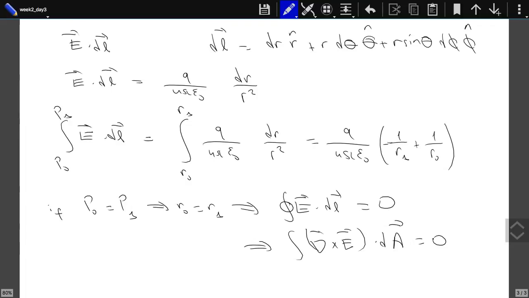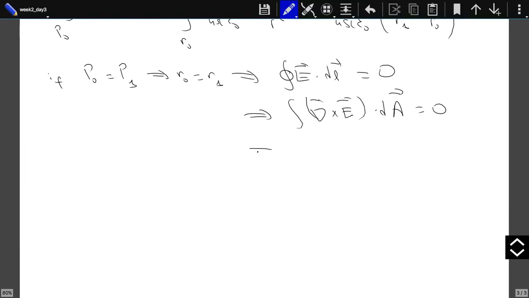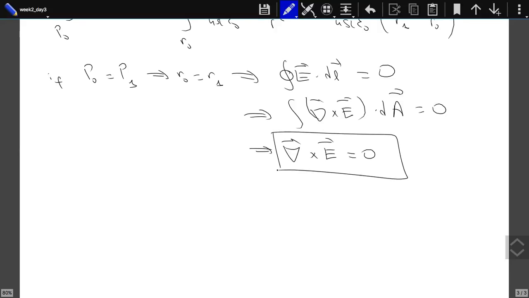So we just took an arbitrary closed path, and the integral of E dot dl over that arbitrary closed path is 0. But an arbitrary closed path is nothing but the boundary of an arbitrary area. Just consider an arbitrary area, then the curl of E integrated over that area is just 0. But that means curl of E is equal to 0.